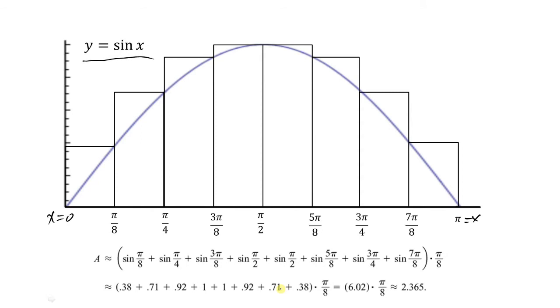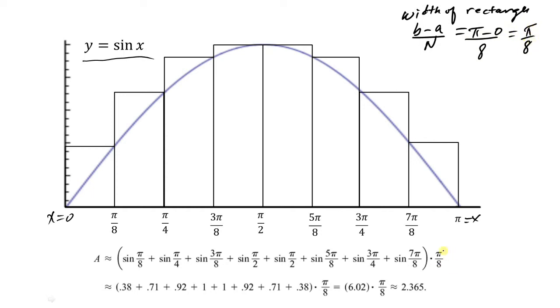So we're going to define the width of the rectangle to be equal to b minus a over n, where n is the number of rectangles we're using. In this case, it would be pi minus 0 over 8 equals pi over 8.